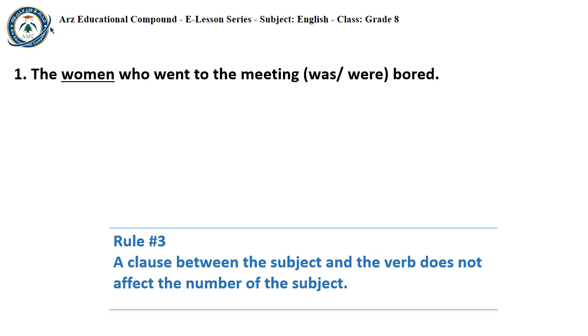The complete subject in this sentence is the women who went to the meeting. This complete subject includes a clause, who went to the meeting. However, this clause does not affect the number of the subject. Women is a plural subject, so the women who went to the meeting were bored.